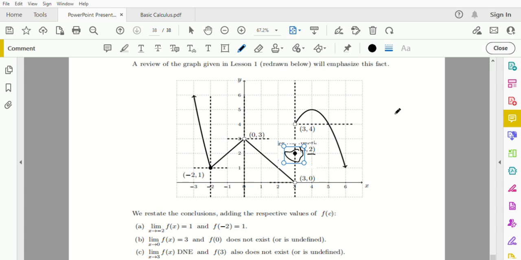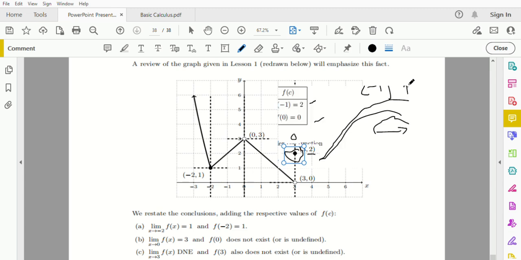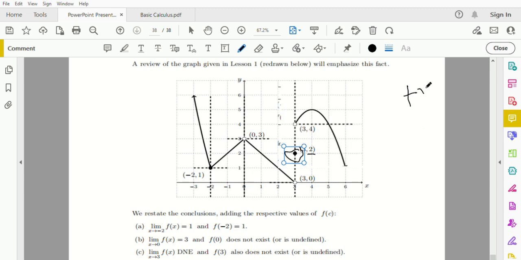I hope you've learned something about the introduction of limits, that when we talk about limits, we just study the behavior of our f of x as x approaches a specific value. So as x approaches a specific value, where will f of x approach? Thank you for listening.